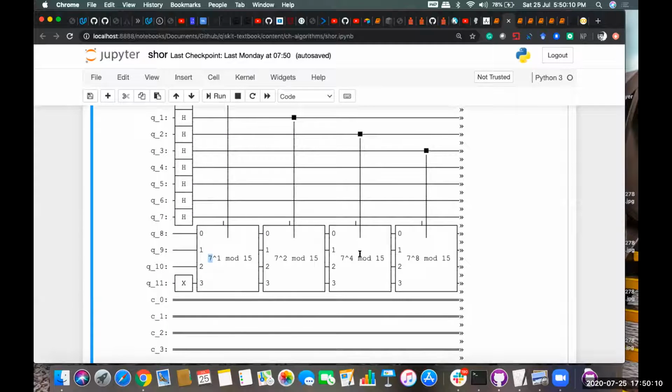In that lecture, I also told you how we define the number of qubits to be chosen, and how we define the number of classical registers to be chosen. So obviously, the maximum factor can be n minus 1, for a given number n.